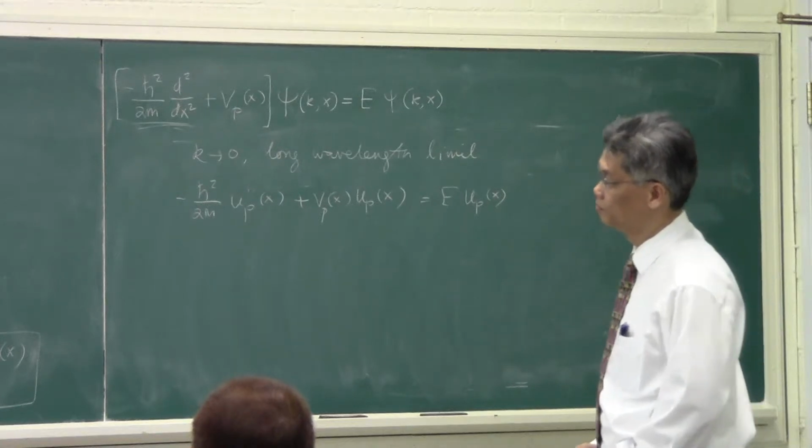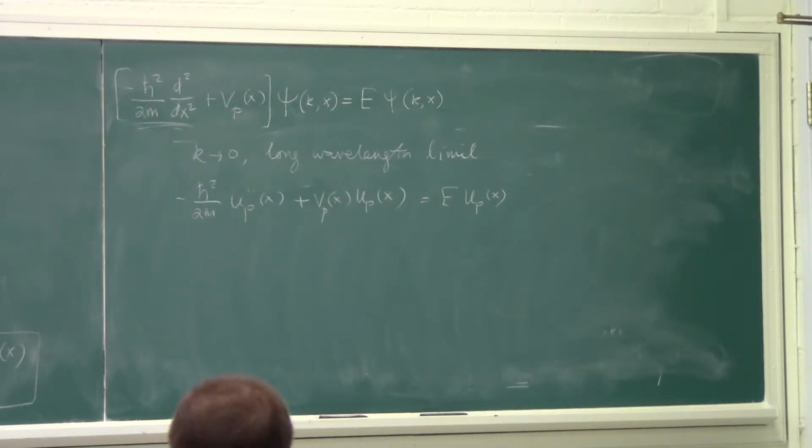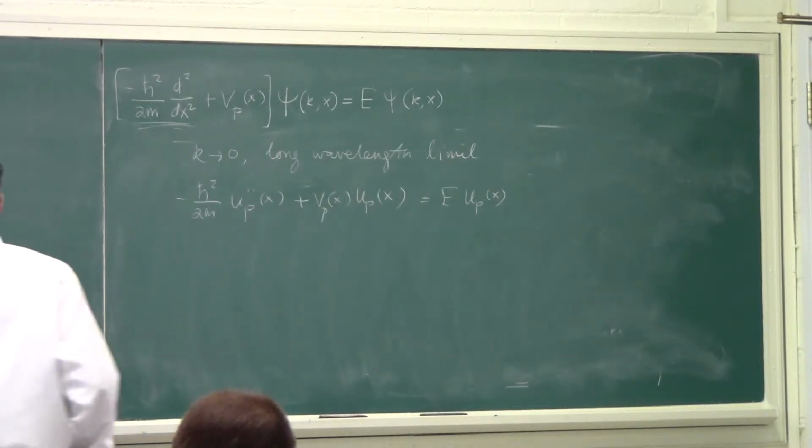So if the electron is moving through the lattice with a very long wavelength, then u_k essentially satisfies the Schrodinger equation.